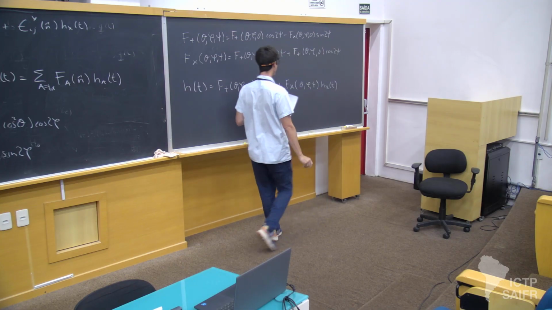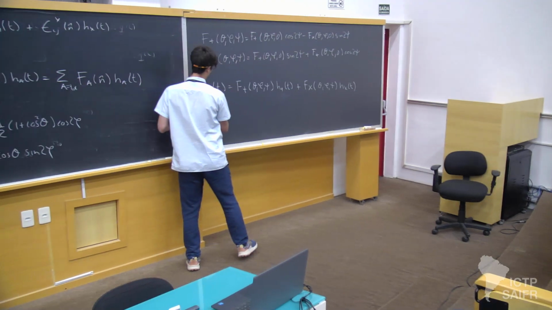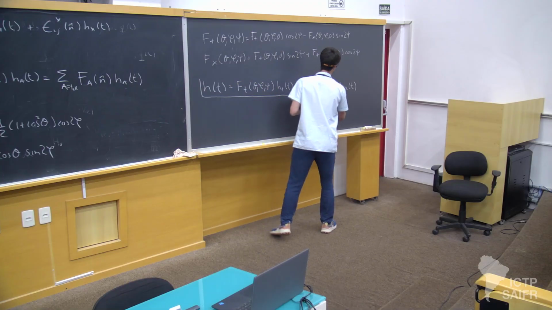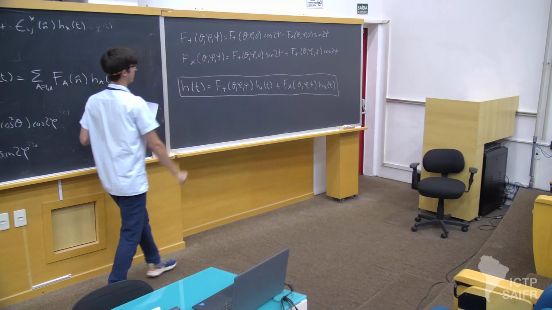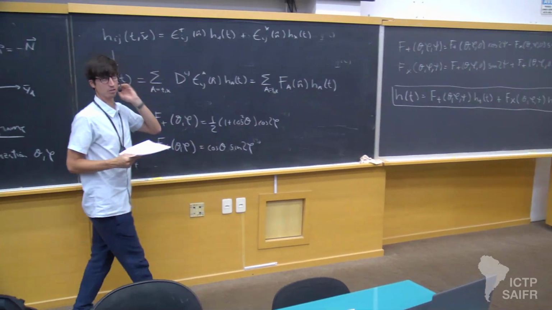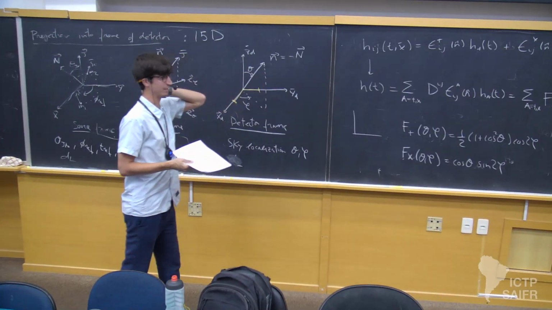So what this means is that, depending, for example, on the location of the source, the amplitude of the wave in your detector is going to change.